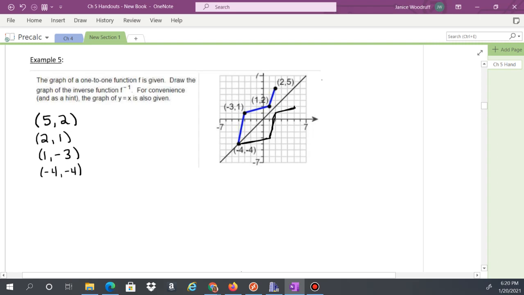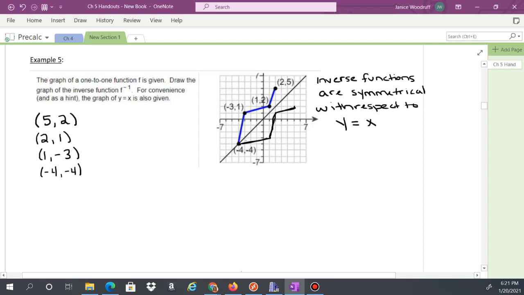So we're going to say this about inverses. Inverses, or inverse functions, are symmetrical with respect to the line y equals x.